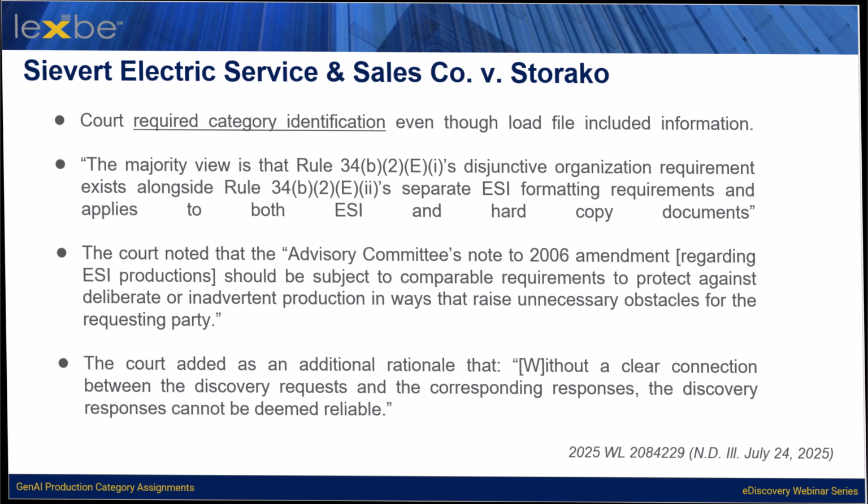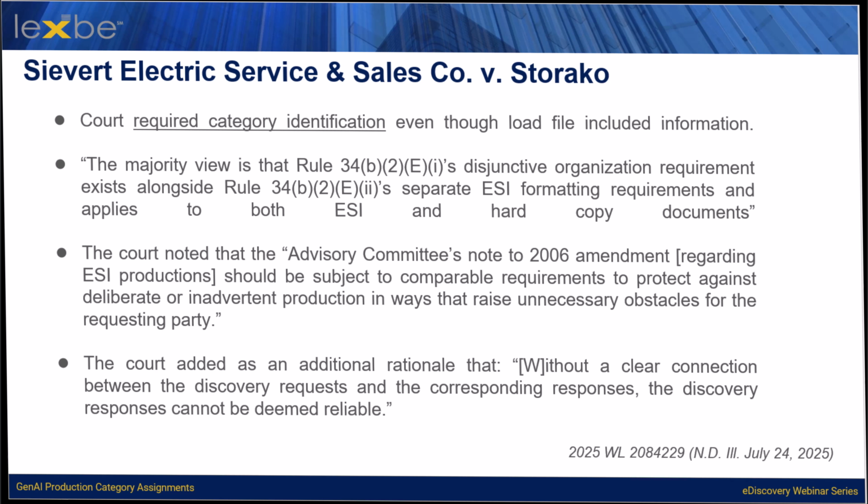The Illinois District Court here noted that the majority view is that Rule 34(b)(2)(E)(i) disjunctive organization requirements exists alongside Rule 34(b)(2)(E)(ii)'s separate ESI formatting requirement and applies to both ESI and hard copy documents. But some courts have held that the organizational requirement of the rule does not apply to ESI productions, and a roadmap is not required under Rule 34.